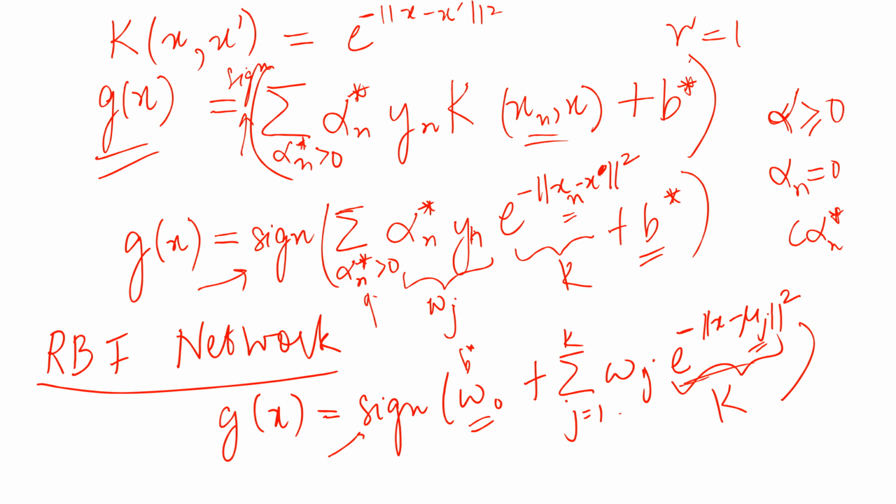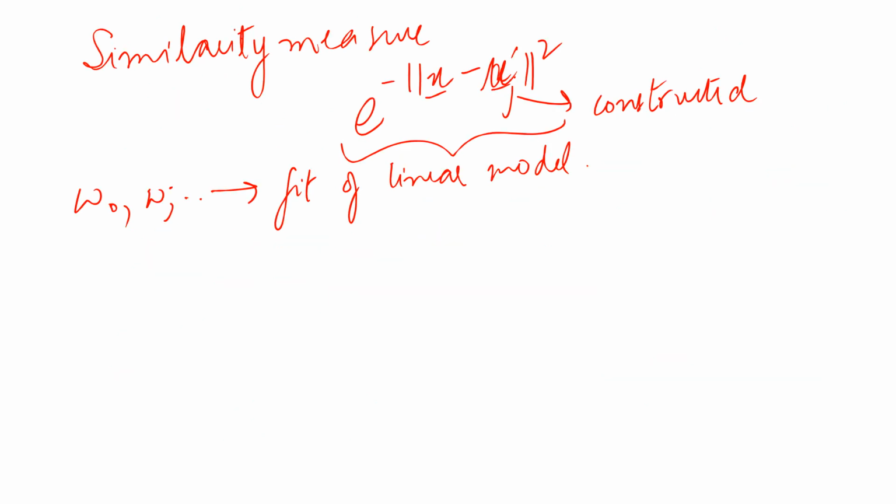And if you think about it, these correspond to the centers in my RBF network. So the centers are the support vectors, and in some way equivalent to them.